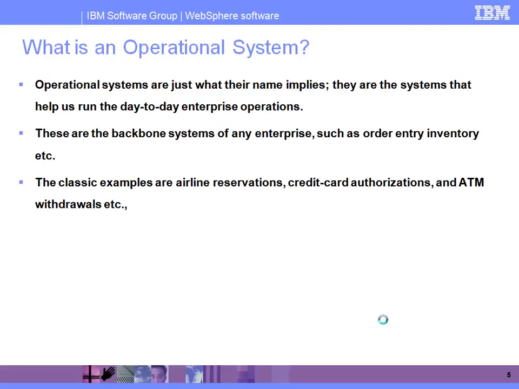Common examples of these operational systems are ATM machines, online examinations, online reservation systems, credit card processing systems, core banking systems, account opening systems, and loan processing systems.